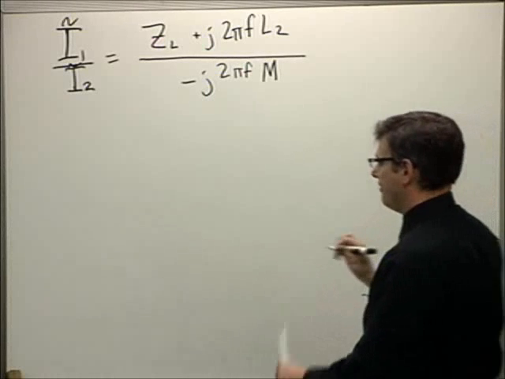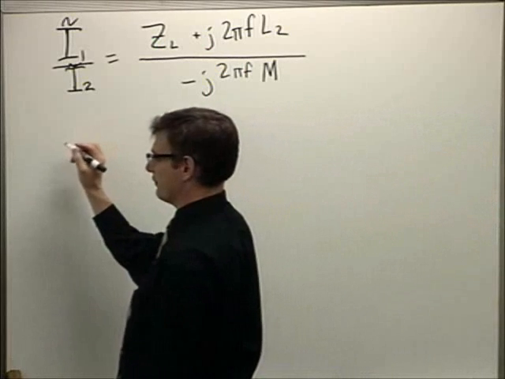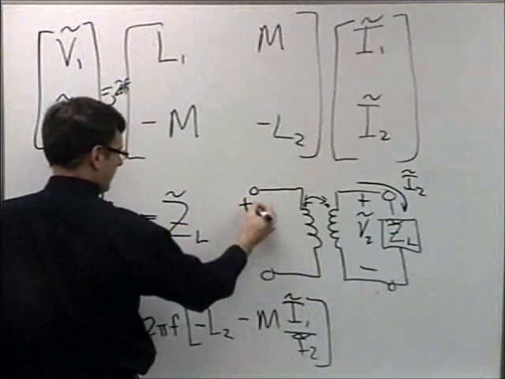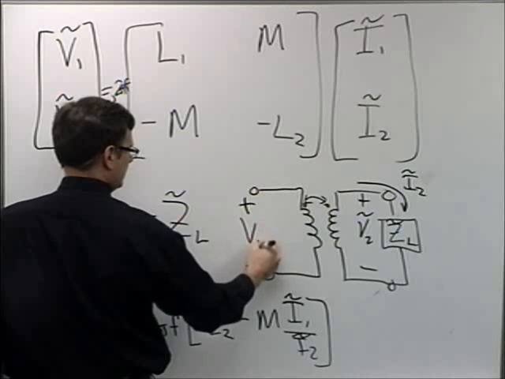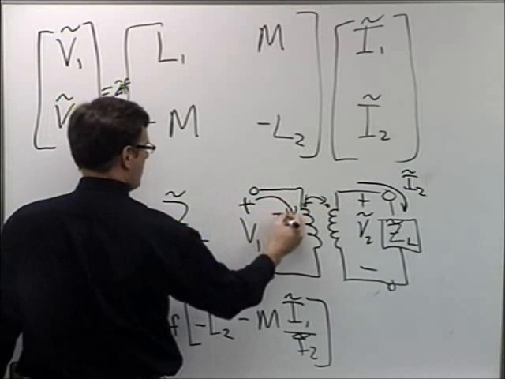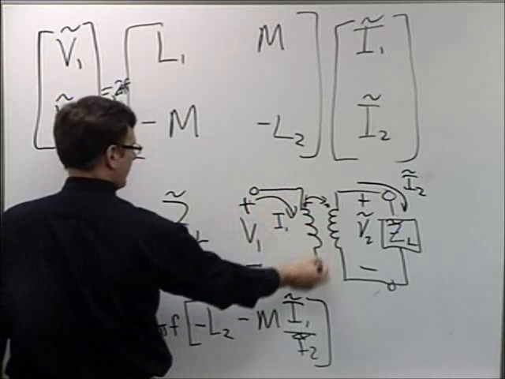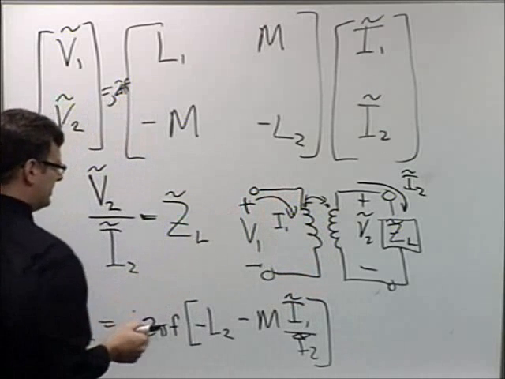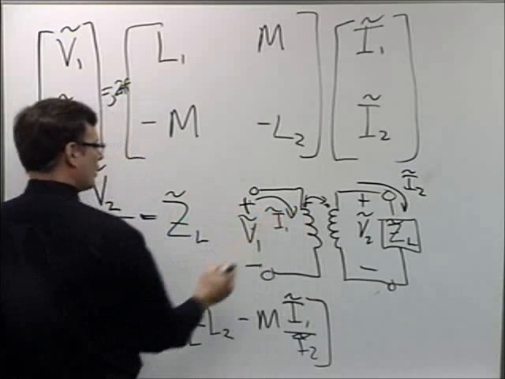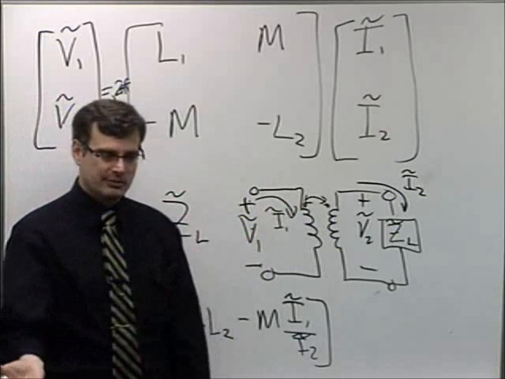Now, Thevenin equivalent impedance of the front side of that thing, if I go back to this diagram here, this is V1, voltage from here to here, and I define I1 as the current going through this device. It's the ratio of this voltage to this current that is the Thevenin equivalent impedance.